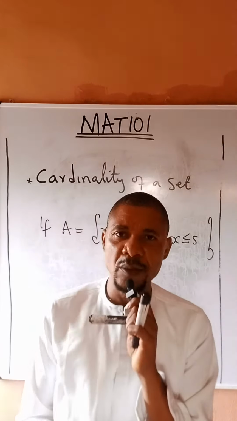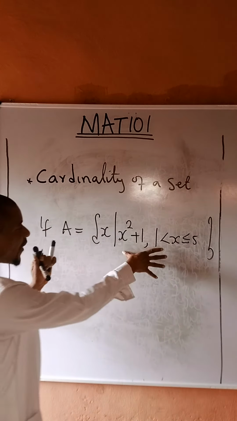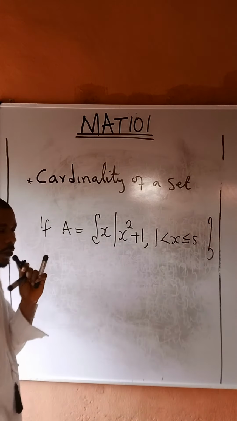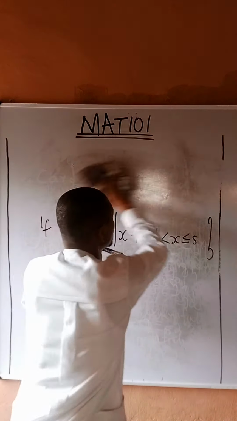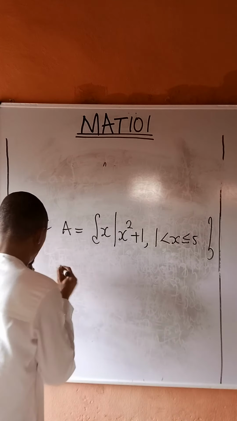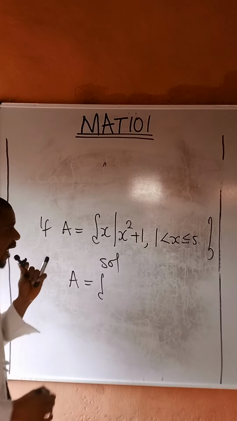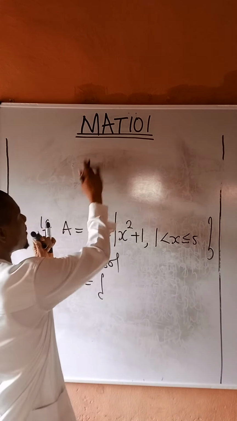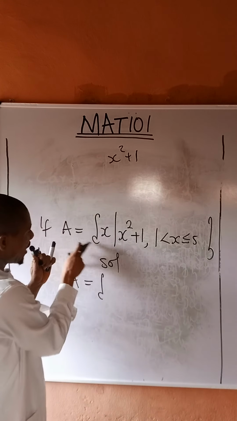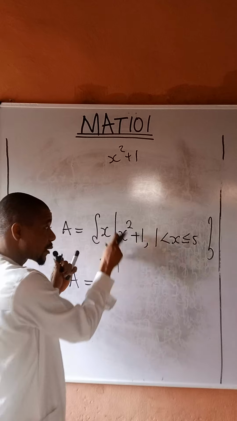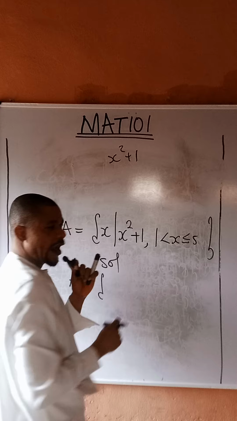But I want you to know that you can solve this question comfortably by first identifying the elements of this particular set. So when you see something like this, the first thing you will do is to write the elements of A. What are the elements of A? They say A is a set of x squared plus 1, and this is the condition that it satisfies.